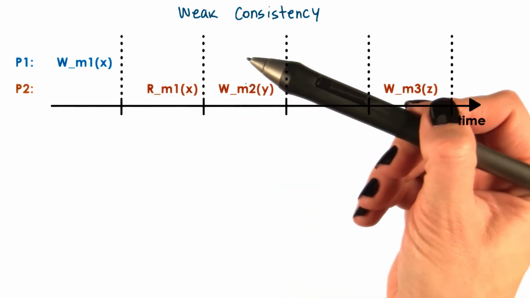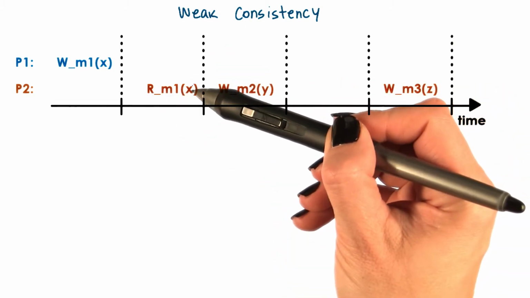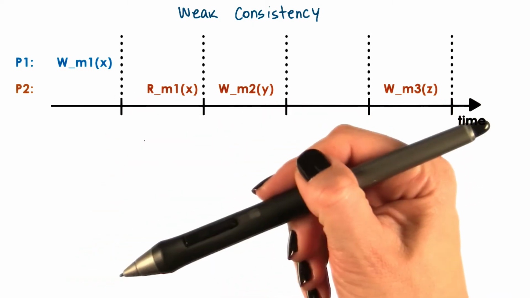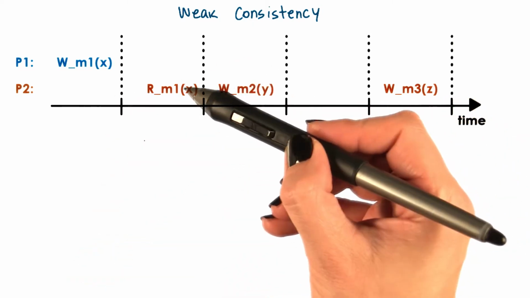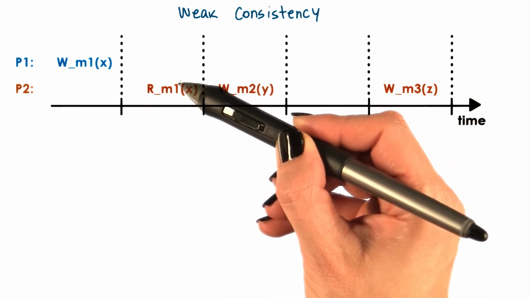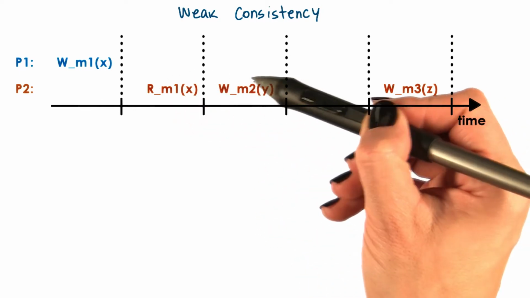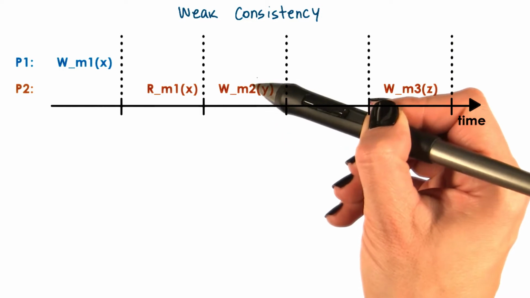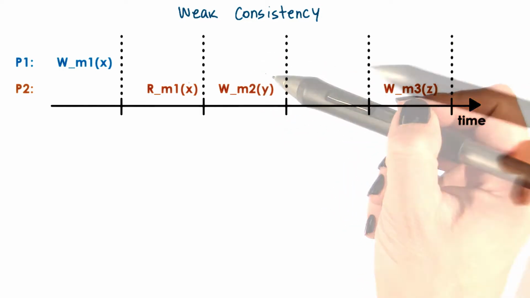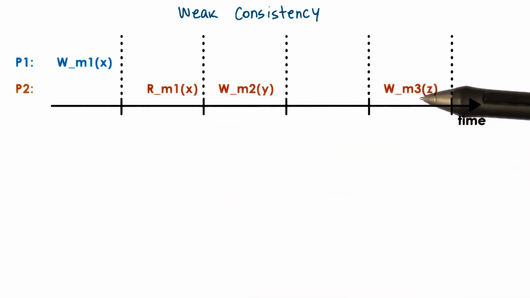However, with the causal consistency model, it will be forced that every processor in the system has to observe that the value of the memory location M1 has been updated to X before the value of the memory location was updated to Y. However, for instance, in the same process P2, maybe at a later time, there is another update happening to memory location M3, and the value Z is written there.